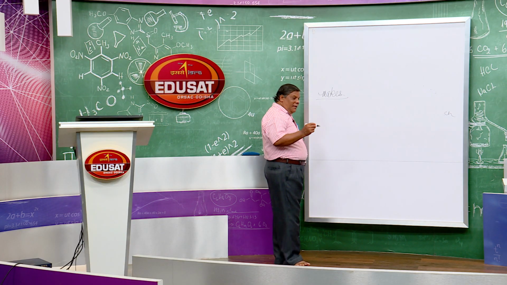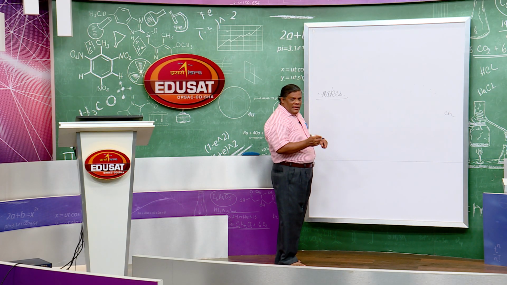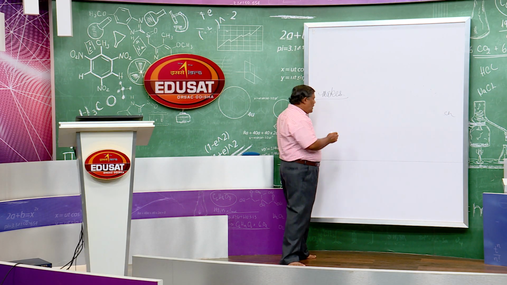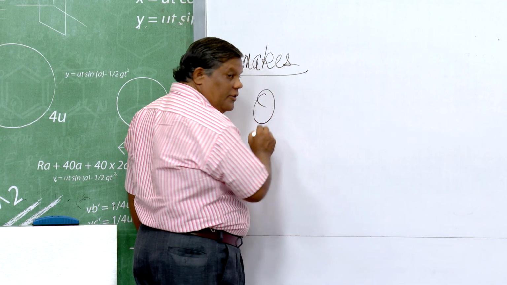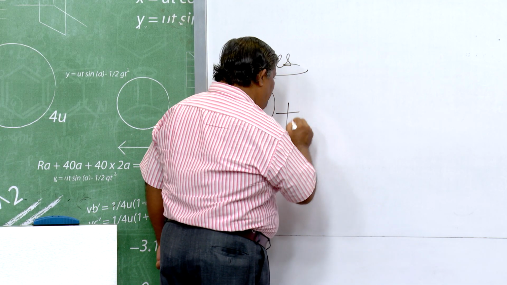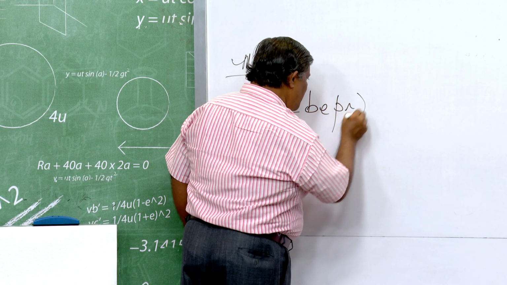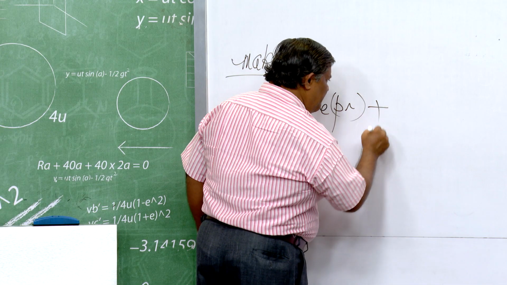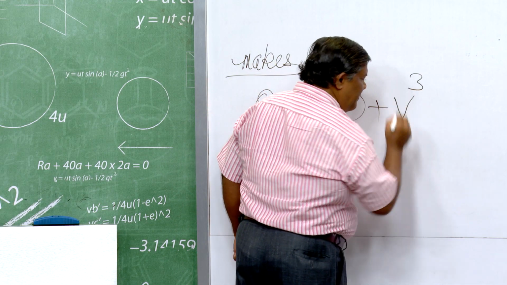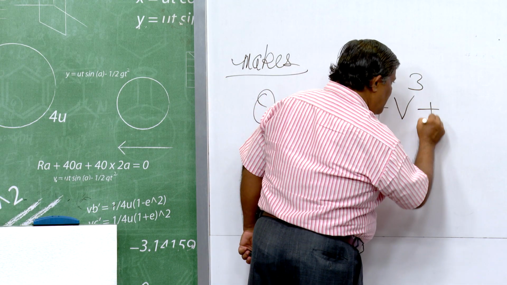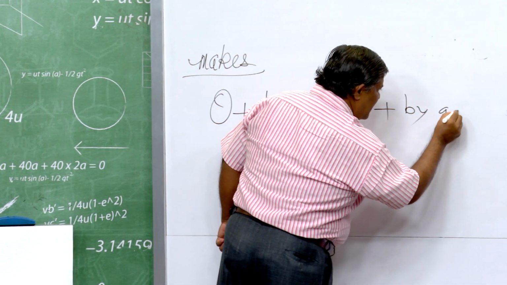When we make it passive, the form is: object first, then be present plus V3 plus by agent.